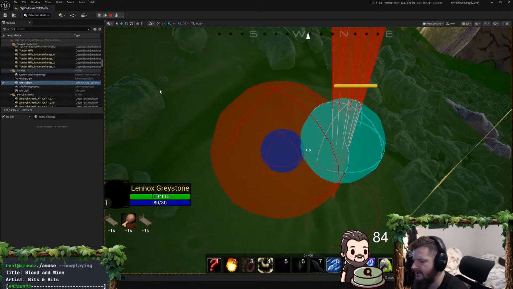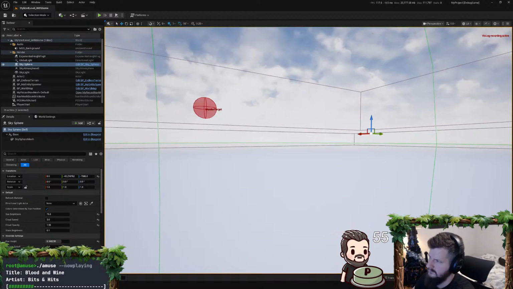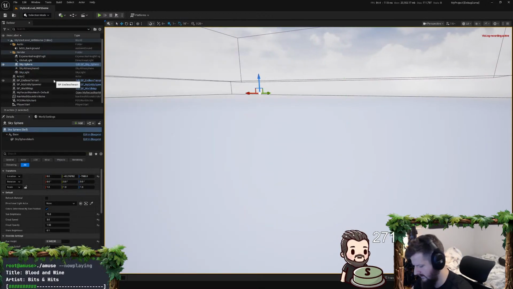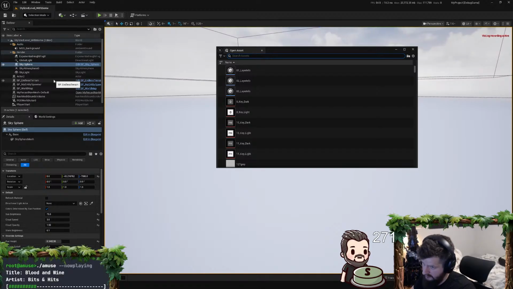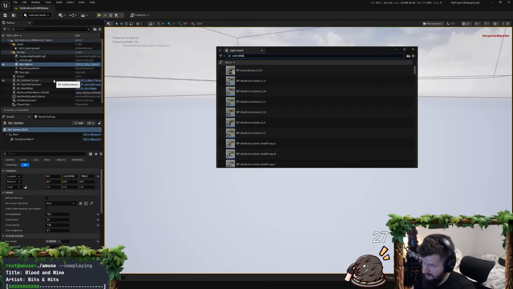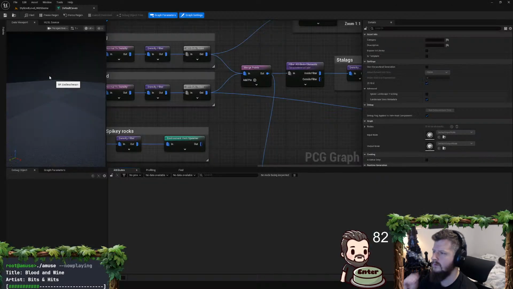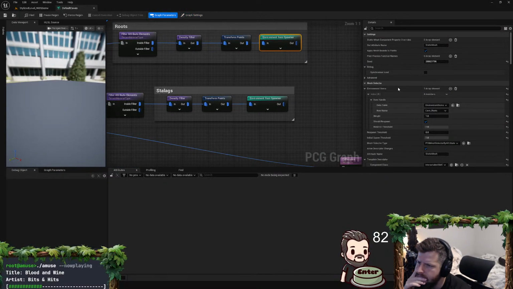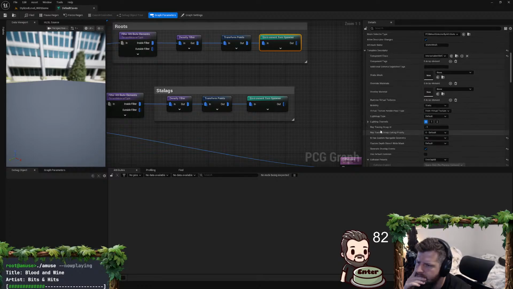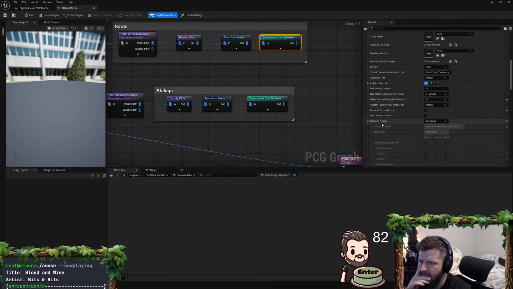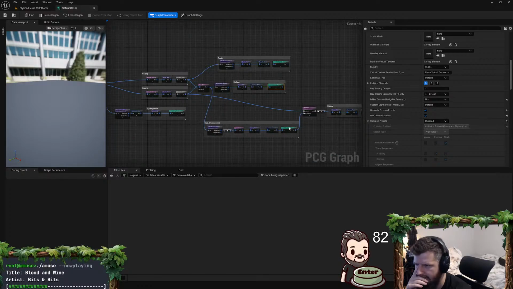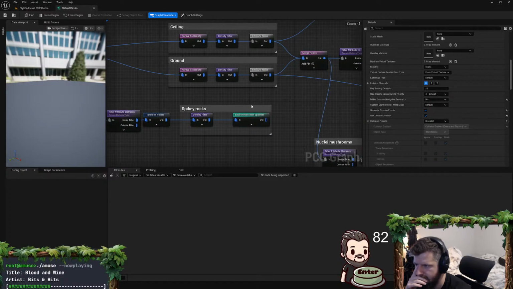Okay, let's restart here. Clear. Where's my cave default? Collision presets overlap all. Stalags is set to block all. Spiky rocks block all collision.